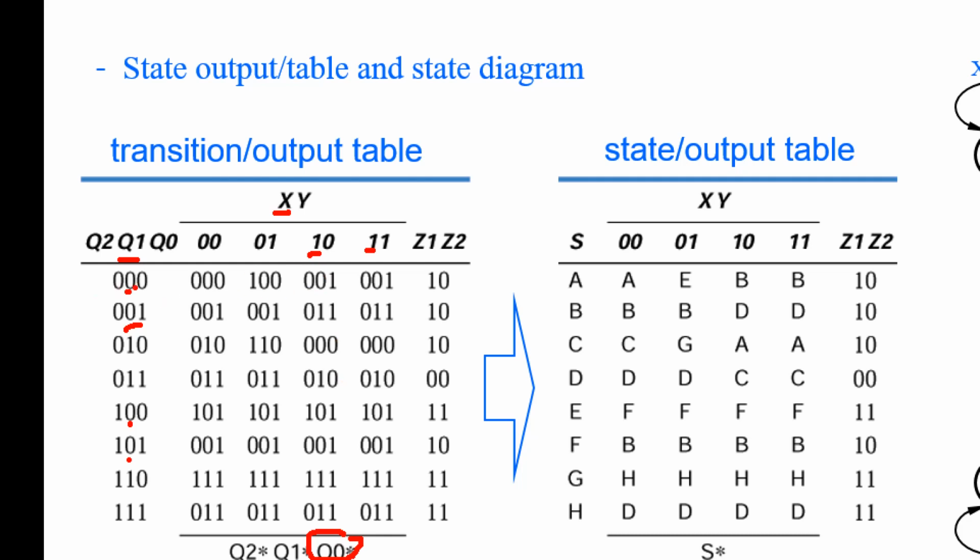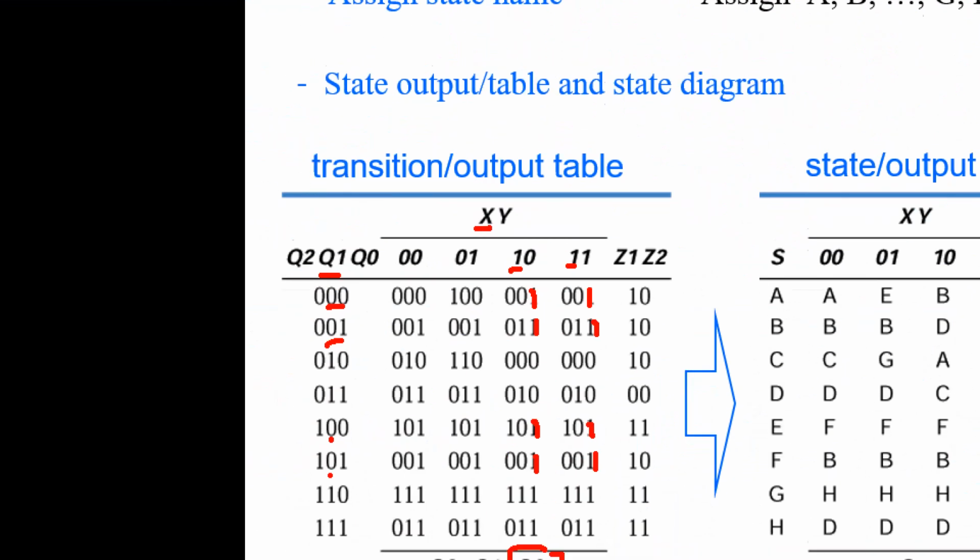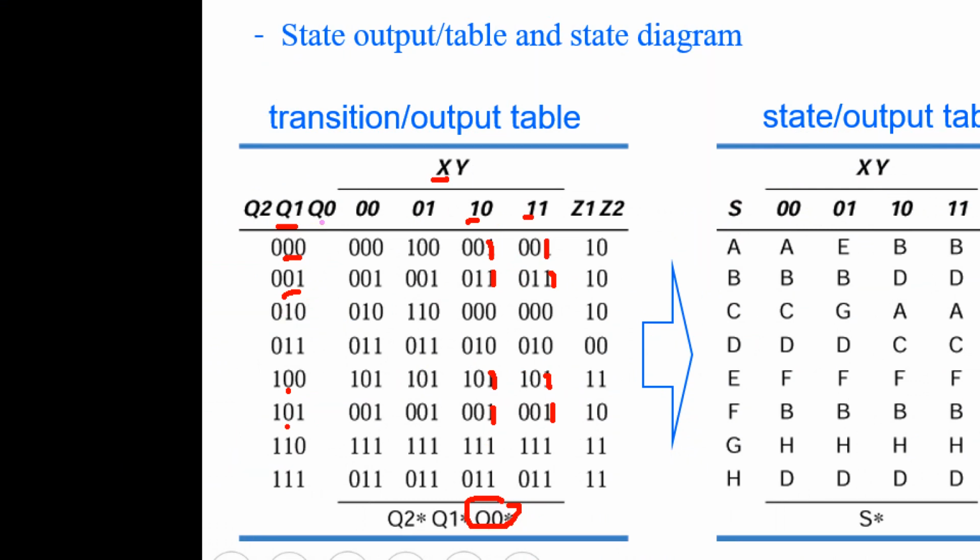That means this will be 1. Okay, and this term also, this one. This is for this product term. And for this one, Q0 is 1 and x is 0: Q0 is 1 right here and here, and x is 0 is this.